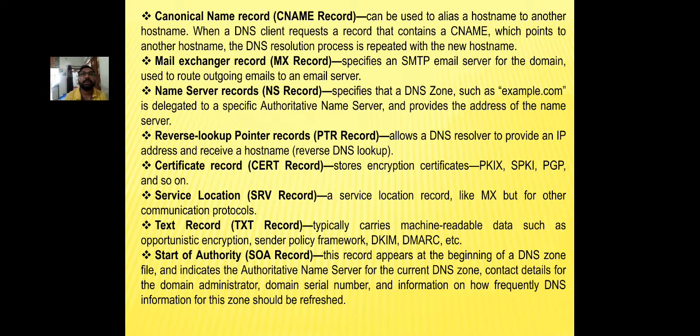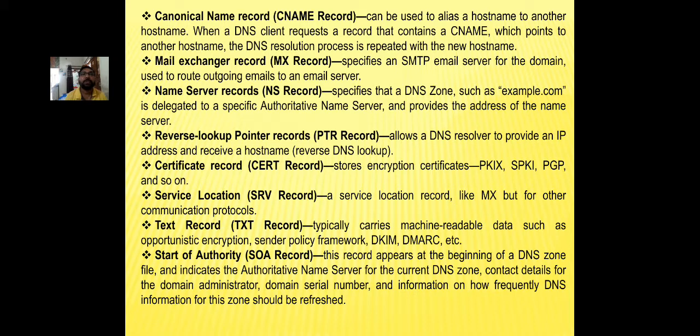Canonical name record can be used to alias a host name to another host name. When a DNS client requests a record that contains a CNAME which points to another host name, the DNS resolution process is repeated with the new host name.